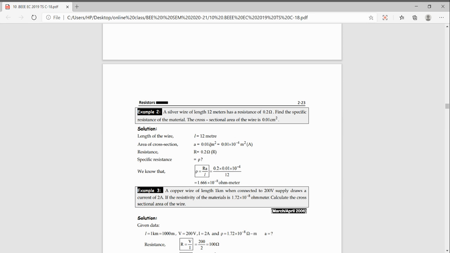Now the area is in centimeter square and length is in meters, so we can convert either to centimeters or to meters.